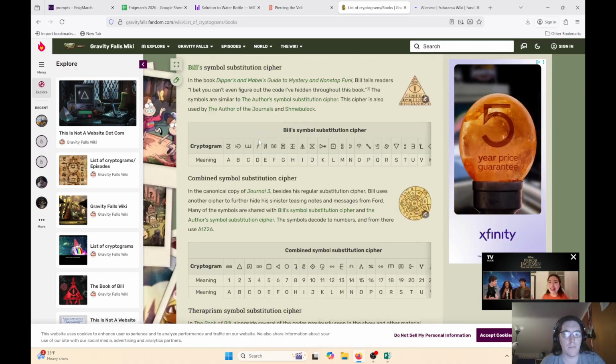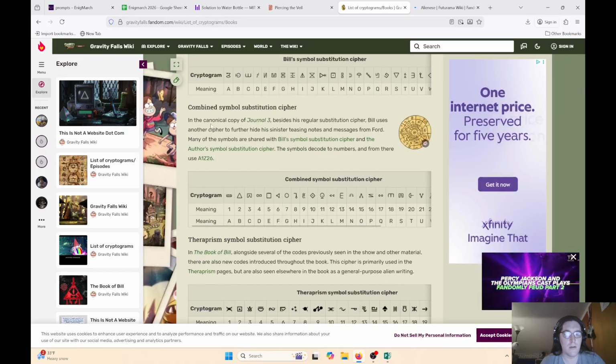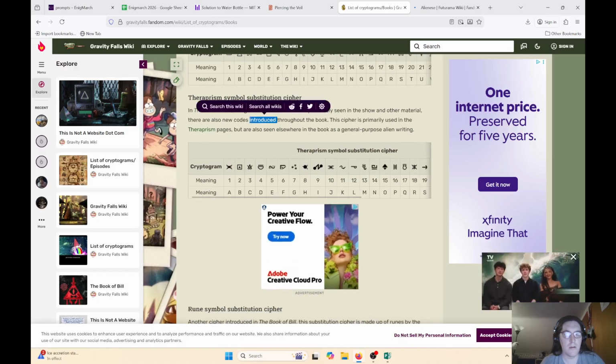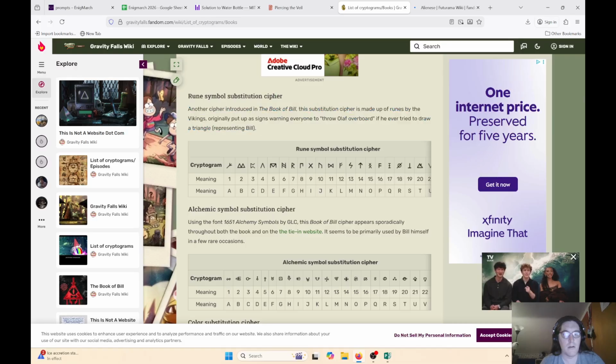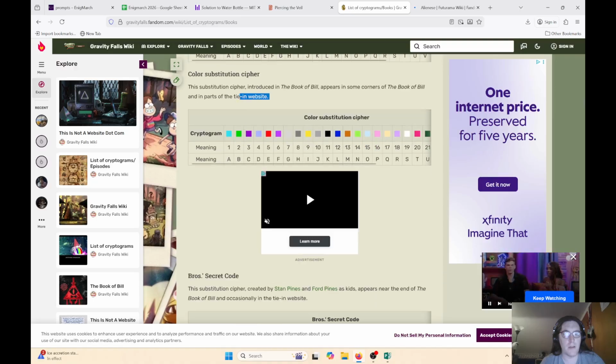It uses Vigenère, Bill's substitution. Oh, fun. Okay. There's a lot of these, actually.